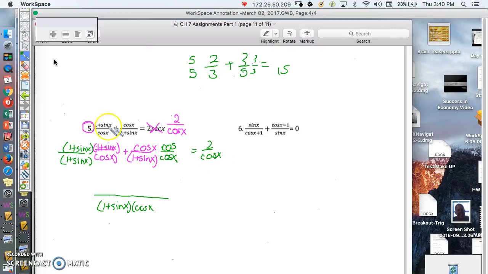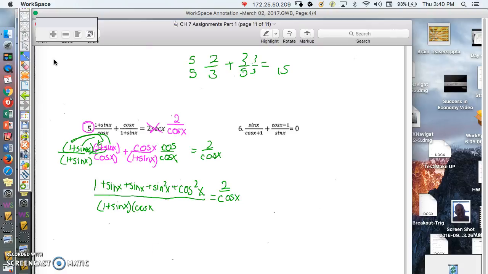And this numerator is this entire thing, so I'm going to start multiplying this out. 1 times 1 is 1. 1 times the sine is the sine of x. Sine times 1 is sine of x. Sine times sine is sine squared. And then over here we have plus the cosine squared of x equals 2 over the cosine.